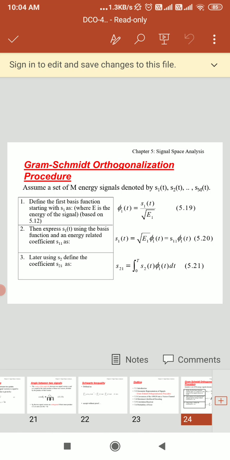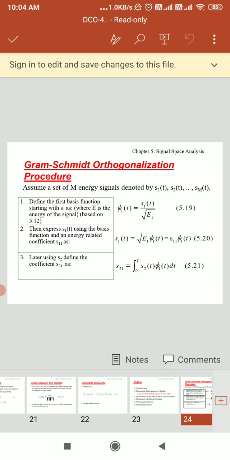So you will get Si(t) equal to the summation over j equal to 1 to n of Sij phi j(t). When we study Gram-Schmidt orthogonalization, we are supposed to follow some steps.